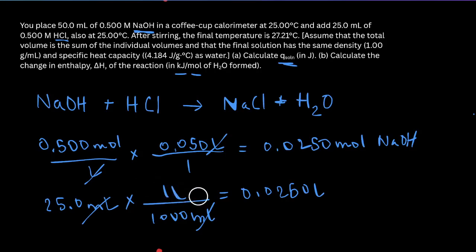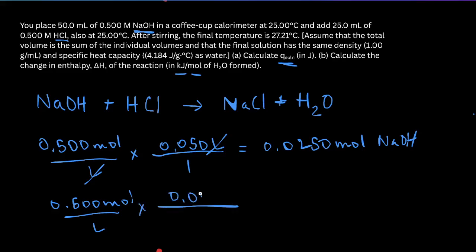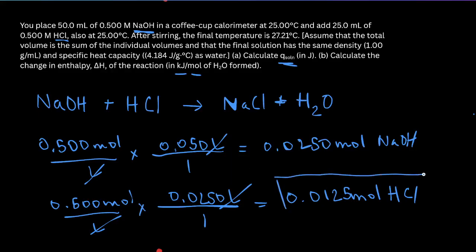And so setting up a similar stoichiometric setup as we have here, this is also going to be 0.5 molar, so it's 0.5 moles per liter times 0.025 liters, giving us 0.0125 moles of HCl. And so we can see that clearly our HCl is going to be our limiting reactant here.